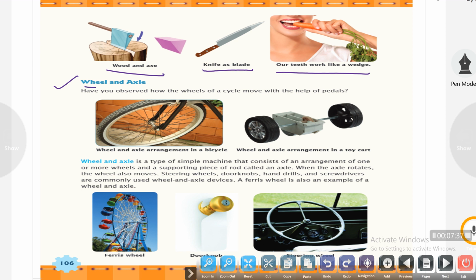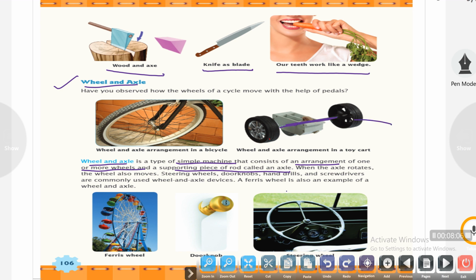Next one is wheel and axle. Have you observed how the wheels of cycle move with the help of pedal? Wheel and axle is a type of simple machine that consists of an arrangement of one or more wheels and a supporting piece of rod called axle. This is axle.